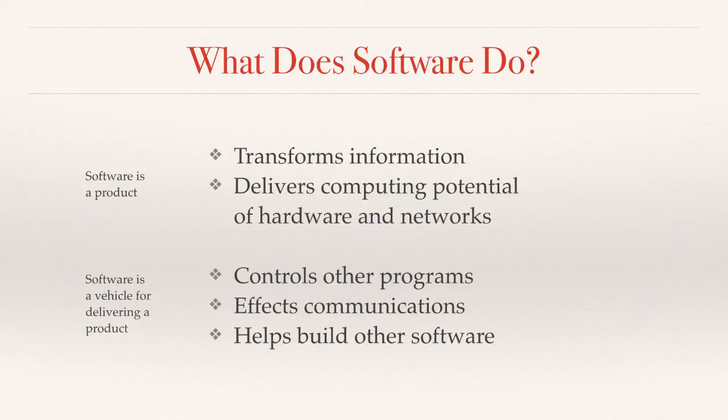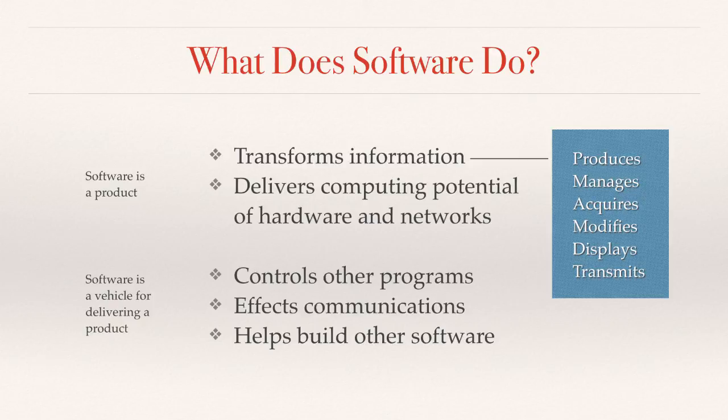And the second is its role as a vehicle for delivering a product, as operating systems and drivers that control other programs and affect communication, and as compilers and development environments that help build other software. Regarding transforming information, the only thing I would probably add to this list would be the storage of information.